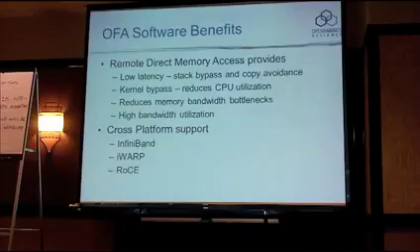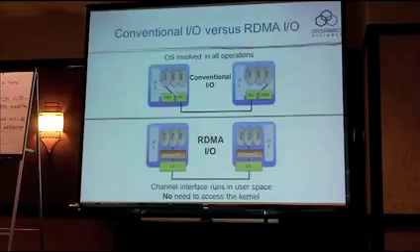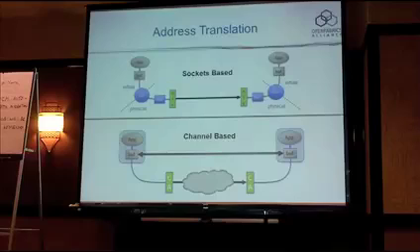As you notice, we talk extensively about IB, iWARP, and RoCE. We include all of them. Then we try to explain the differences between conventional I/O versus RDMA I/O, the differences in address translation and how that happens.